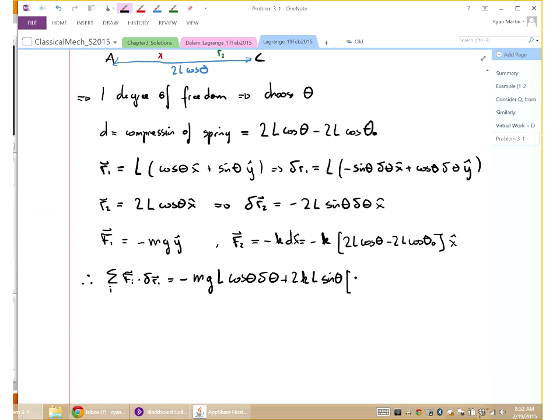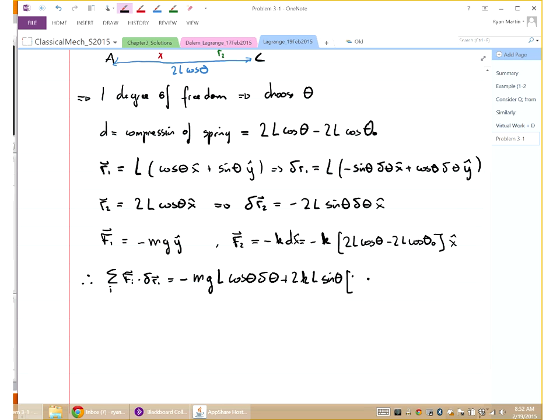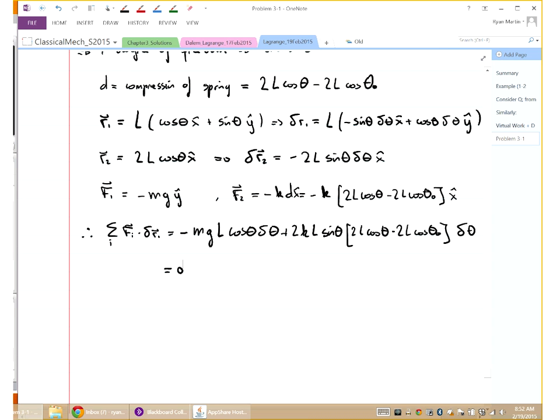So then I get plus 2kL sine theta, I'm going to put the delta theta at the end, then I have the 2L cos theta minus 2L cos theta naught delta theta. And so that's all got to equal 0, right?